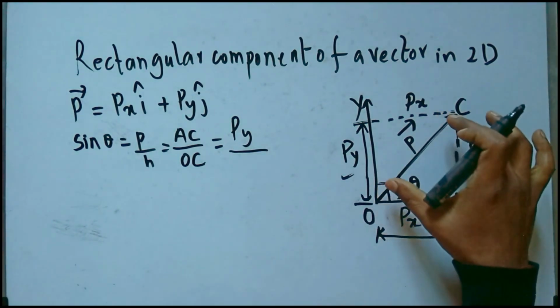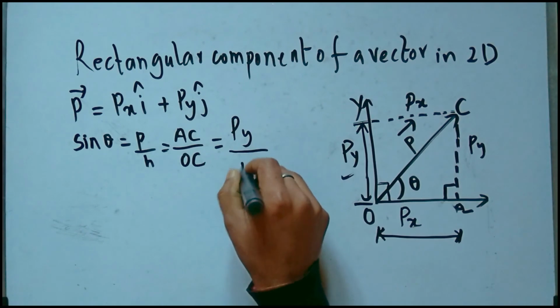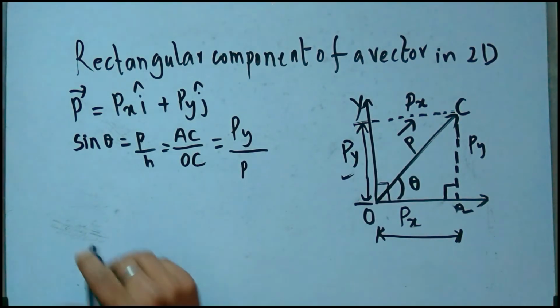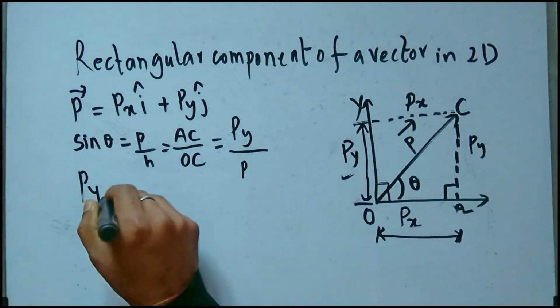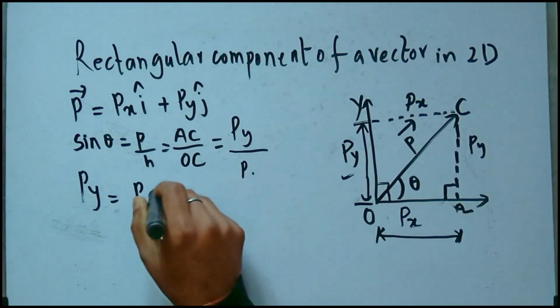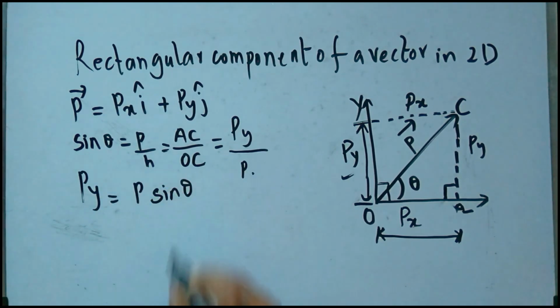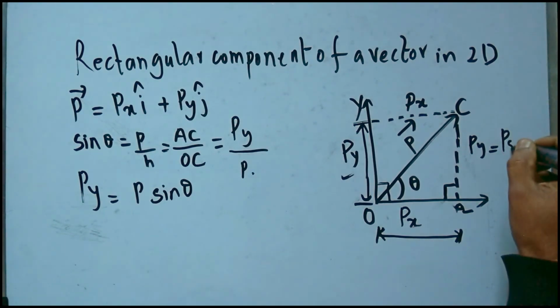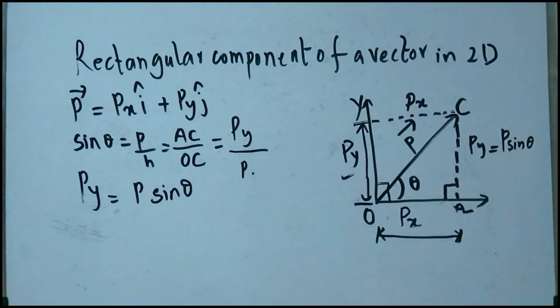OC is the magnitude of the vector P. So P can be written as the magnitude of vector P. So Py is equal to P times sine theta. So Py can be written as P sine theta.